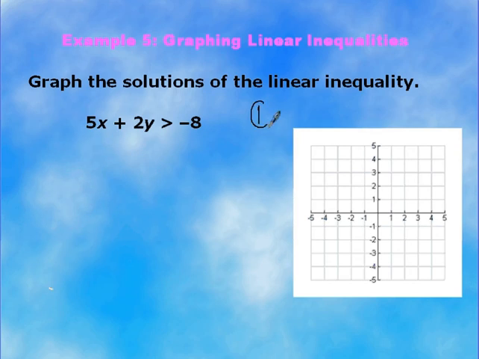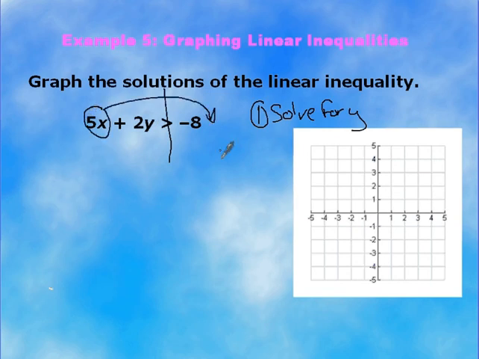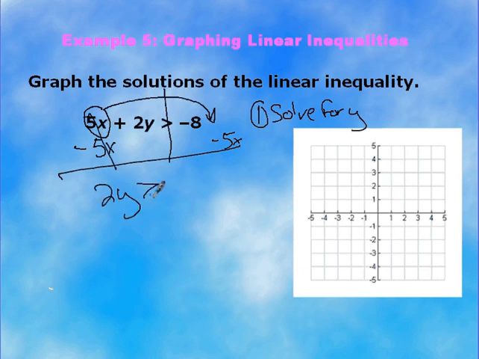Okay, so step 1 was solve for y. So I want to solve this for y. I want to get y all by itself. So the first thing I have to do is move this 5x over here. It's positive now, so I'm going to move it by subtracting it on both sides. So that's negative 5x minus 8.